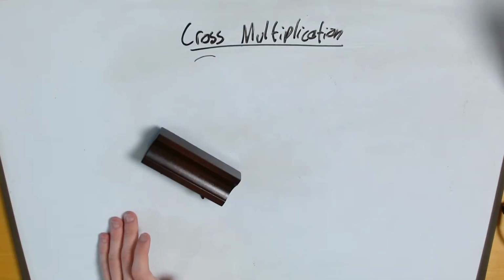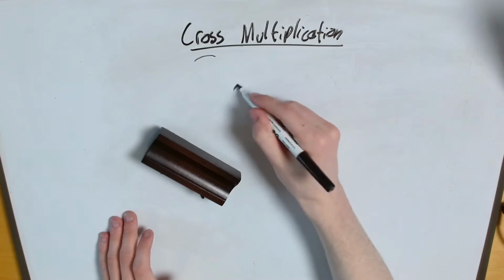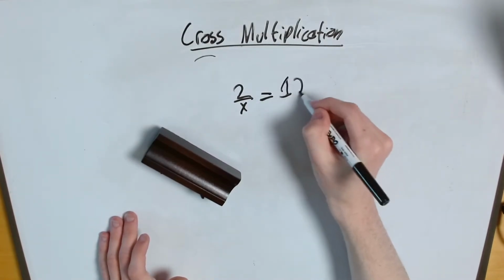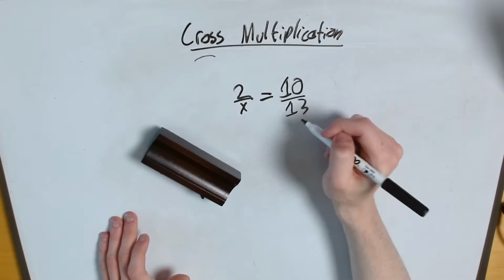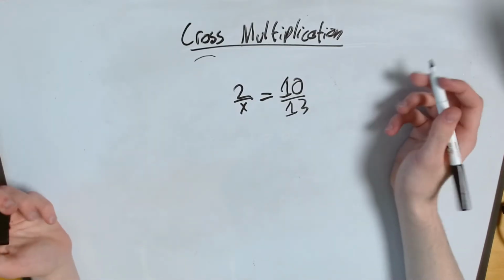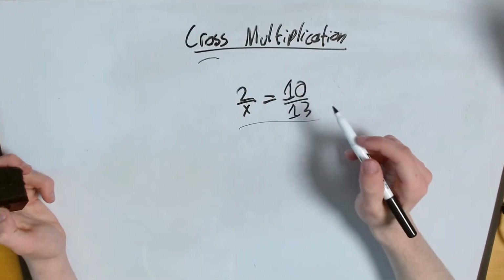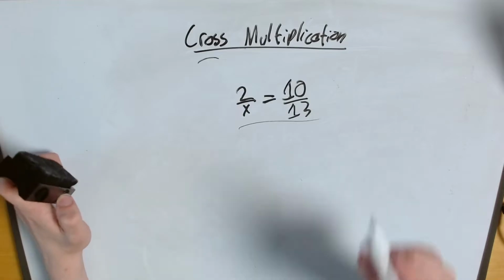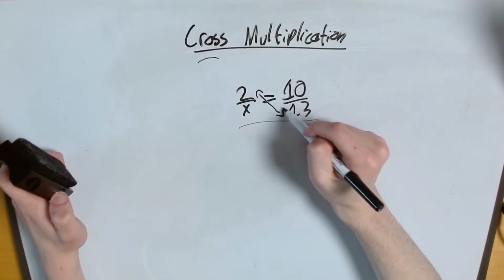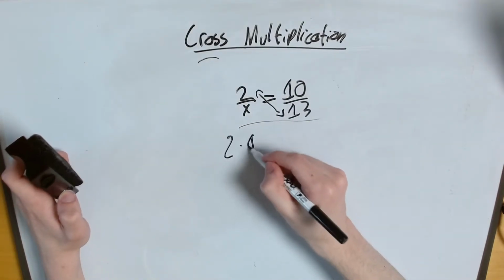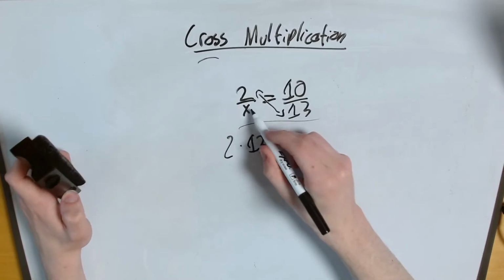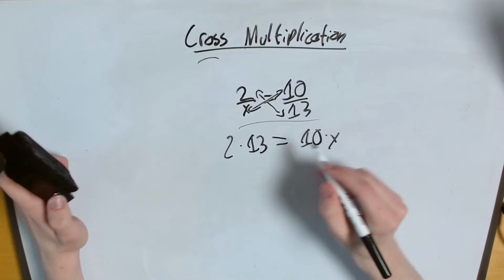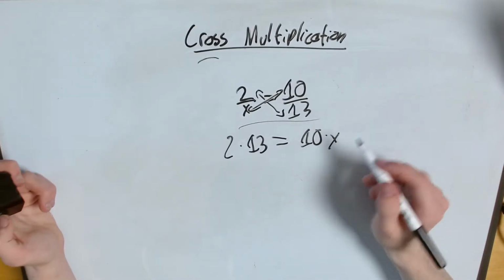Let's say we're given something like 2 over x is equal to 10 over 13. Let's say we were doing this as part of a very long problem, and we got to this stage, and we have to find x. How are we going to do that? Well, we're going to use cross multiplication. 2 times 13 is equal to 10 times x. Now this is a lot more comfortable when we're dealing with x.